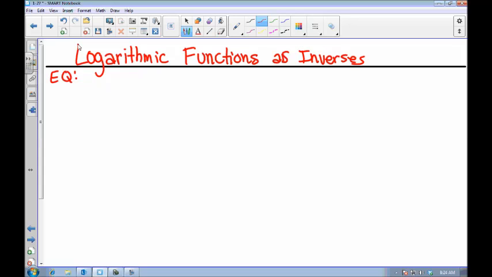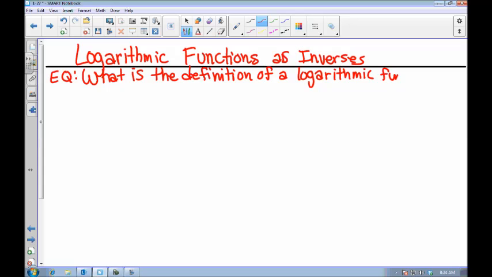Okay, so our essential question today is: what is the definition of a logarithmic function?